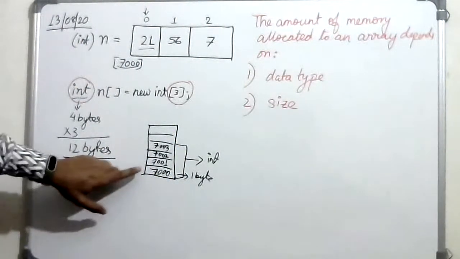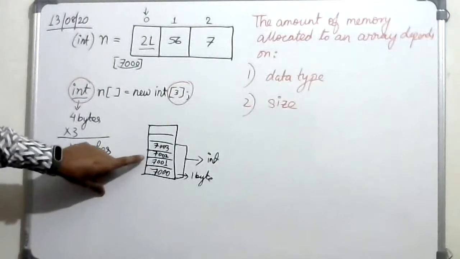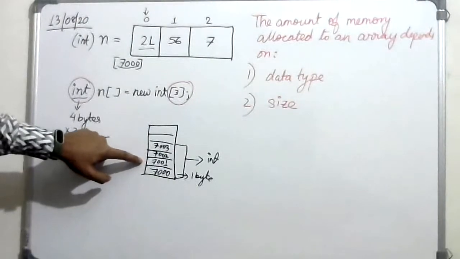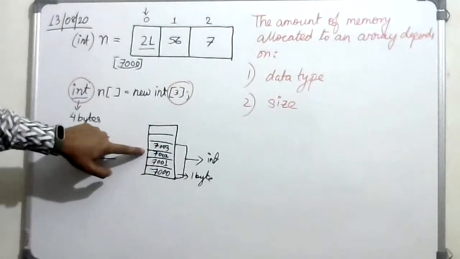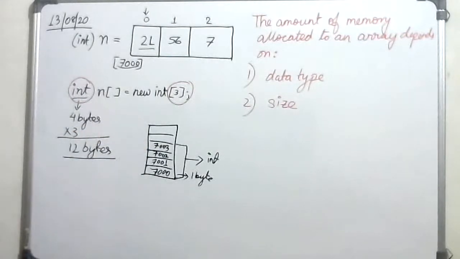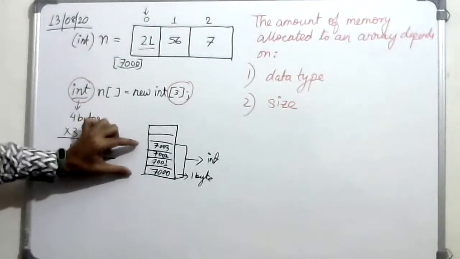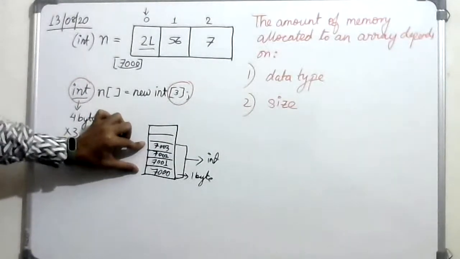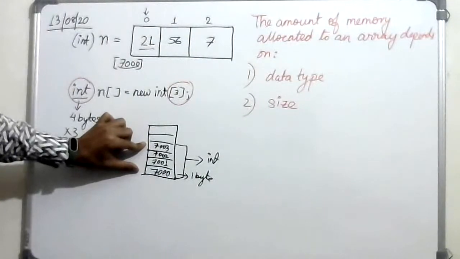So the first byte is numbered 7000, then the next adjacent byte is numbered 7001, then the next adjacent byte is numbered 7002, and so on. So the first element takes up the whole space from 7000 to 7003 in memory, which is the size of int, basically 4 bytes.